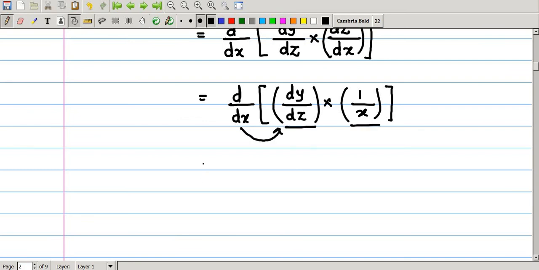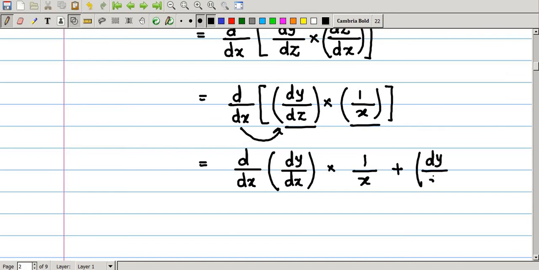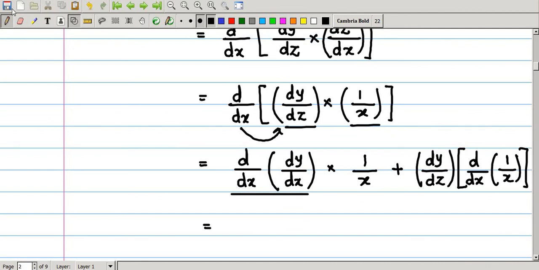Now we take the derivative of product of these two terms. So we apply u into v rule. We take derivative of first term, keeping second term as it is, plus keep first term as it is into derivative of second term. Again we can apply chain rule here. Sorry, my bad. This will be derivative with respect to z.